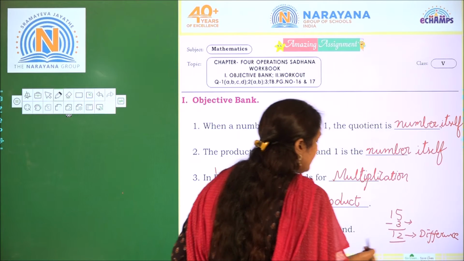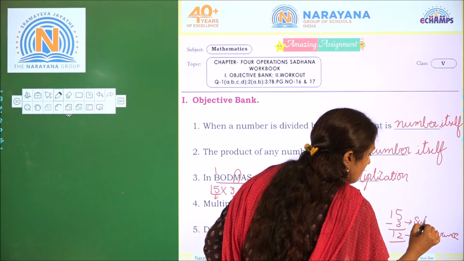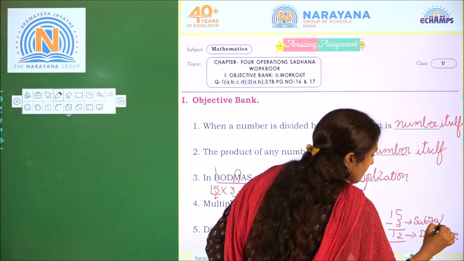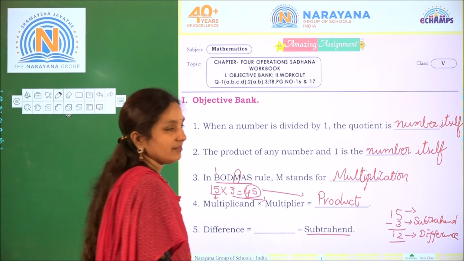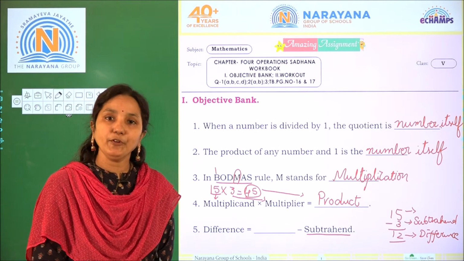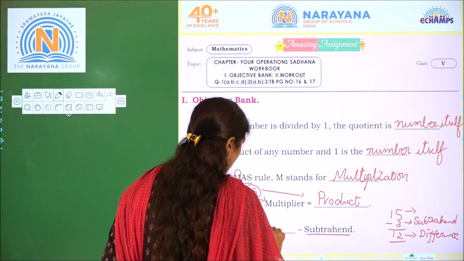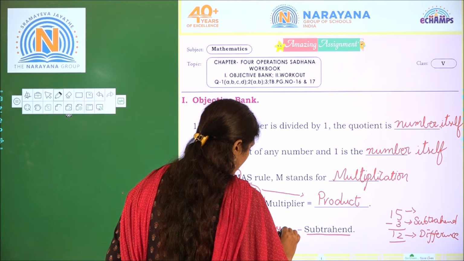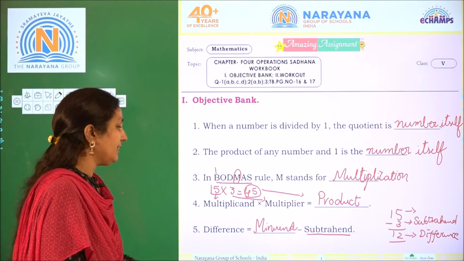And this term is already given, subtrahend. And what do we call this 15? Minuend. So minuend minus subtrahend equal to difference.